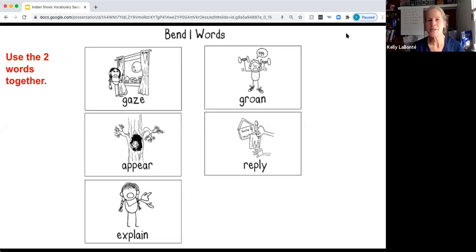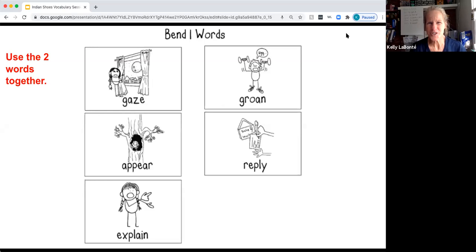Well, maybe some of you said that you had to explain to the teacher why the whole class was gazing out the window. Maybe you were gazing at a turtle trying to cross the street. You had to explain to your teacher why you were gazing out the window.